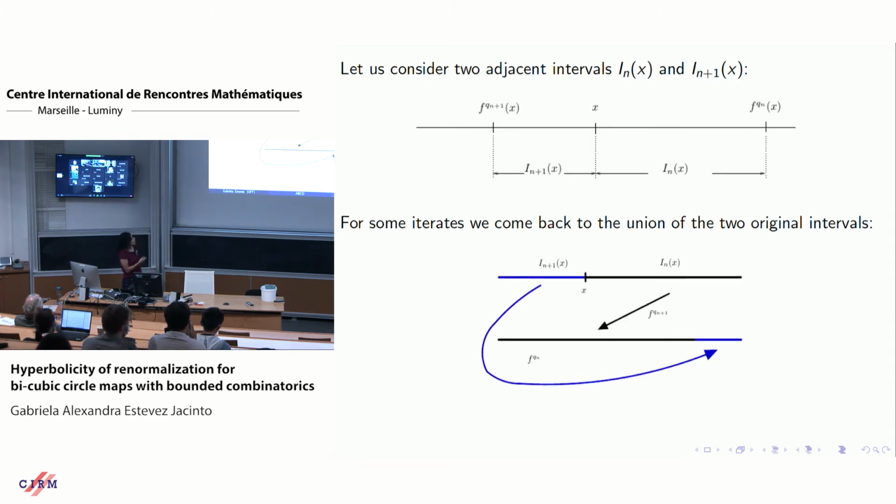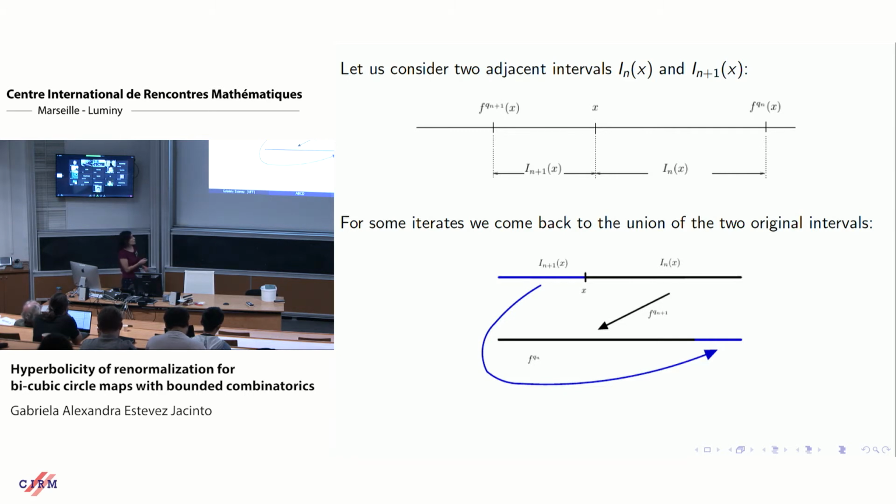So this blue interval, if you iterate exactly Qn minus 1 times, you will arrive in a certain place of the circle, but if you iterate one more time, so if you consider the iterate Qn, you will arrive exactly inside this union in this part, okay? And the same with the black interval.